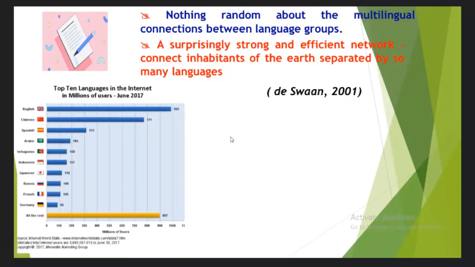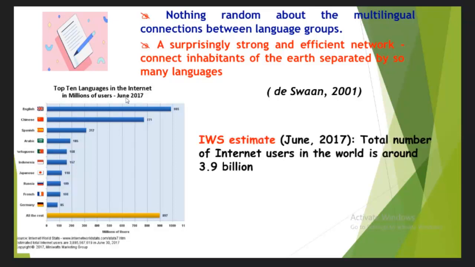And look at this statistical figure. It is the top 10 languages on the internet, in millions of users, in 2007. Through these statistical figures by IWS, that means Internet World Stats, they estimated that in 2007 the total number of internet users in the world was about 3.9 million, in which the people who chose English was about 985 million.